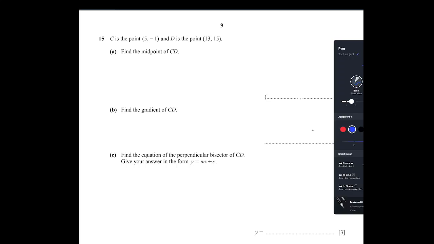Question number 15. C is the point (5, minus 1) and D is the point (13, 15). Find the midpoint of CD. So the midpoint of any two given points on a line will be (x1 plus x2) by 2. This is x1, this is x2, and this is y1 and this is y2.